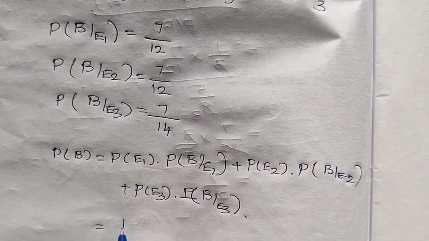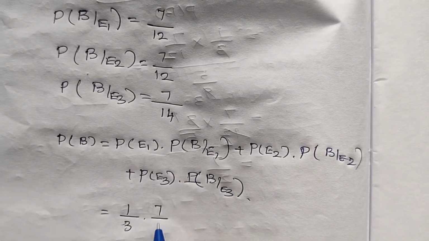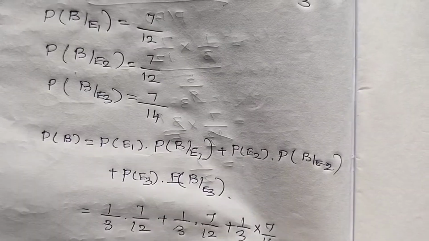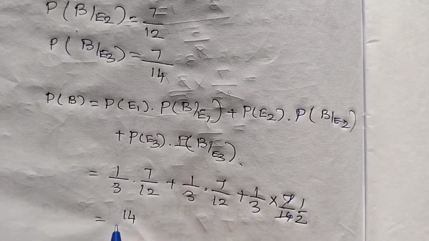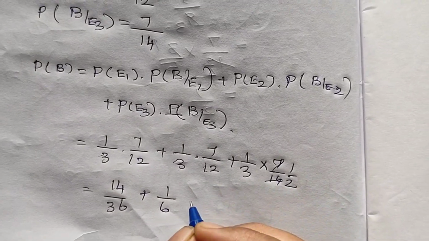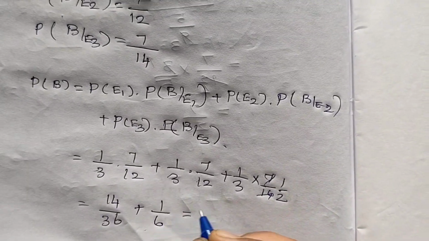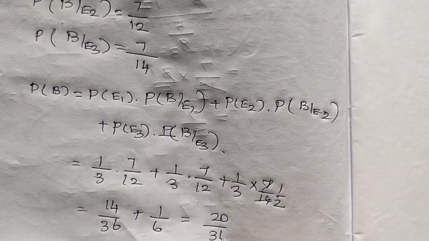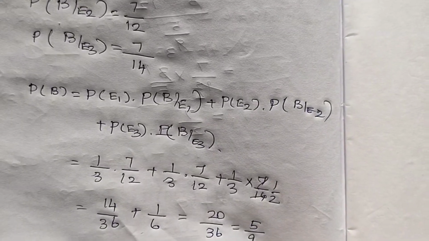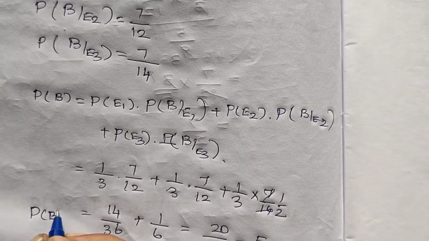Now P of E1 equals 1 by 3, P of B by E1 equals 7 by 12, plus P of E2 equals 1 by 3, P of B by E2 equals 7 by 12, plus P of E3 equals 1 by 3 into 7 by 14, that is 1 by 2. Now 14 by 36 plus 1 by 6, so that is equal to 20 by 36, which is 5 by 9. So P of B equals 5 by 9.